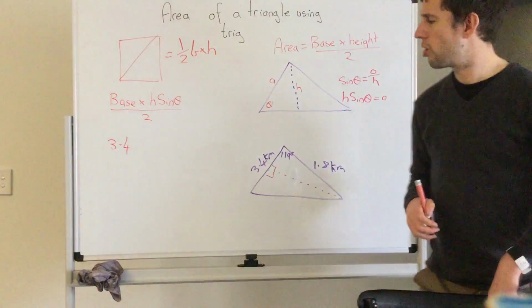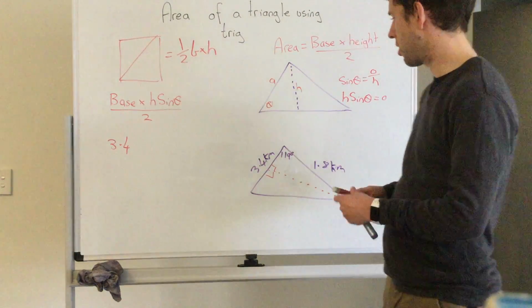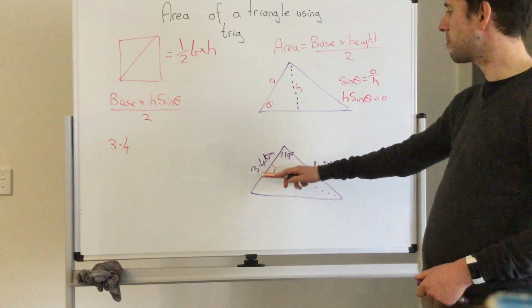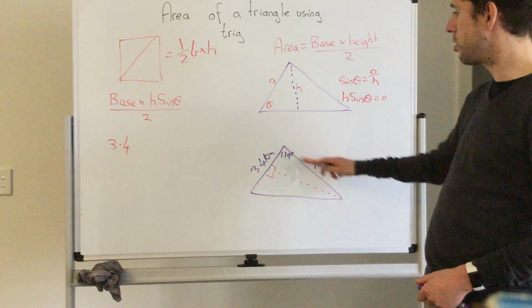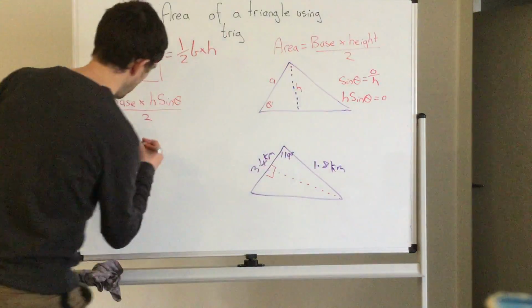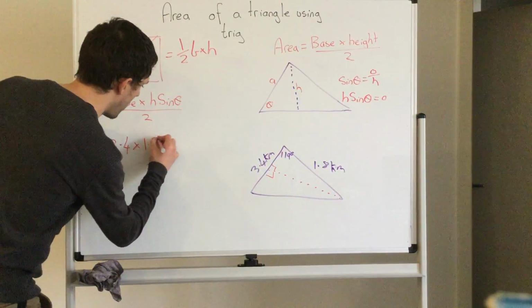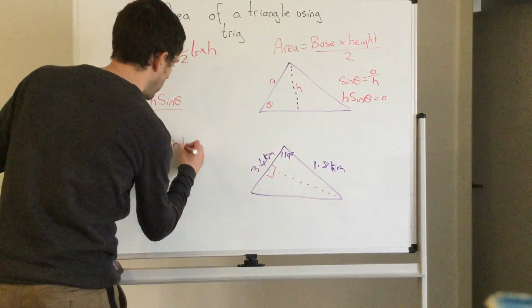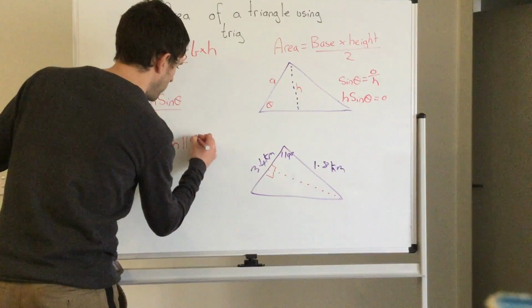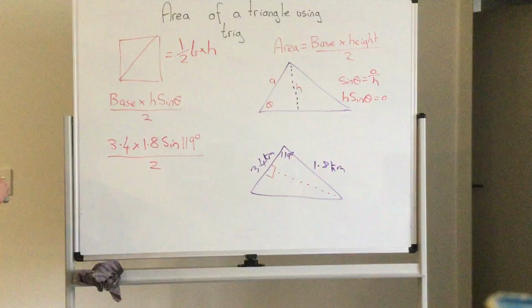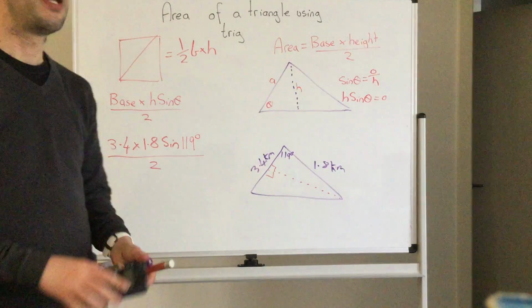What other information do I need? Well, I need h. So if this is my base, this is my hypotenuse, 1.8 kilometers. So times 1.8 sine, my angle, 119 degrees, divided by 2. And that will give you my area.